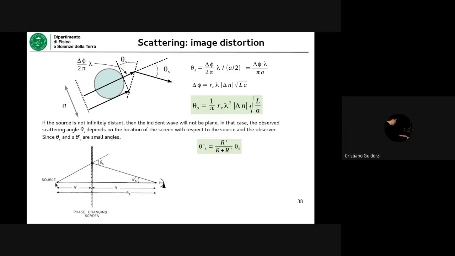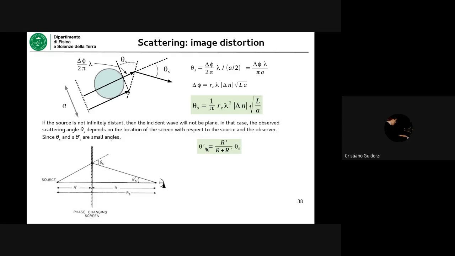So you have that theta s prime over r prime equals the sine of this angle. The sine of one angle equals the sine of 180 degrees minus it, so this is equal to the sine of theta s. Because we are talking about small angles, it is theta s over this whole side, which is just r prime plus r.